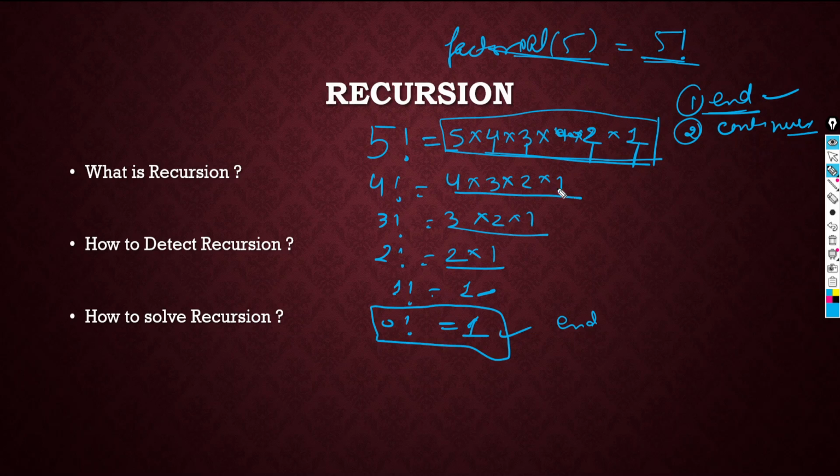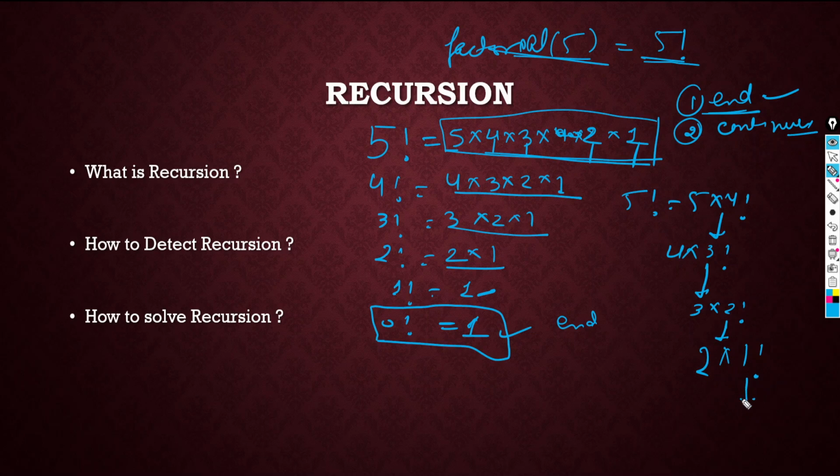So can we do the activity like, if we want to fetch the 5 factorial value, can we write it as 5 into 4 factorial? Yes. If we want the factorial of 4, can we write it as 4 into 3 factorial? If we want the factorial of 3, can we write it as 3 into 2 factorial? If we want the factorial of 2, can we write it as 2 into 1 factorial?